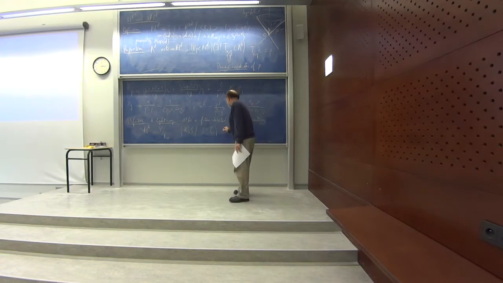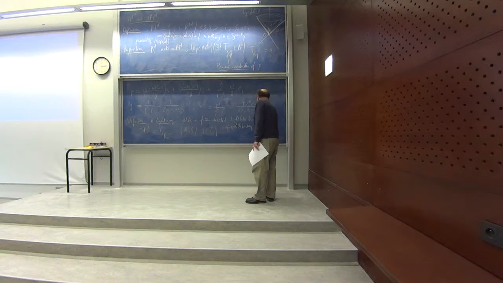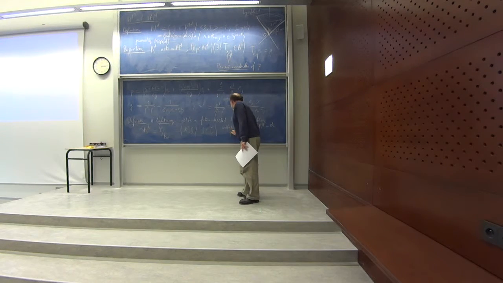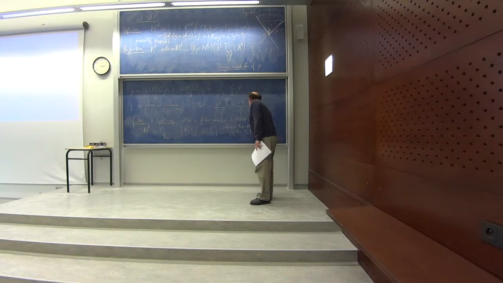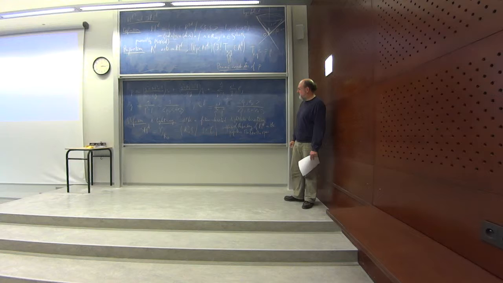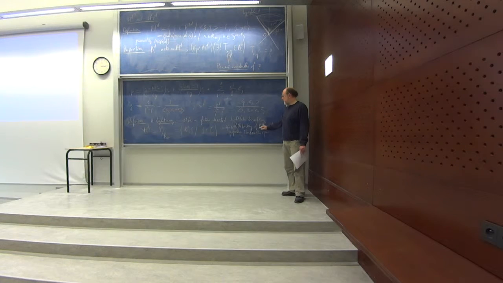So it identifies with the boundary of HD in the projective space, in the projective Minkowski space. So this is a natural identification. This is very natural at the level of the projective space.